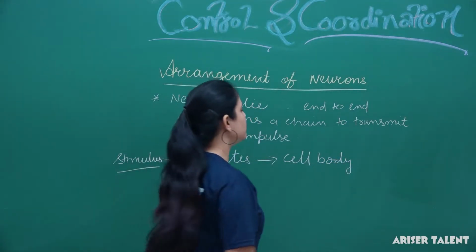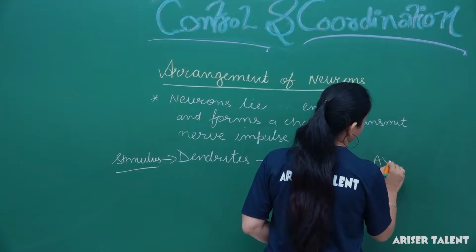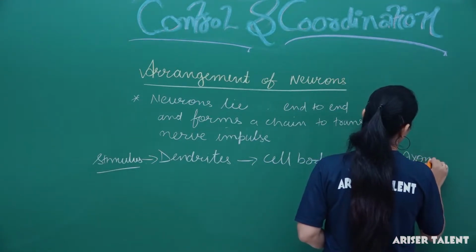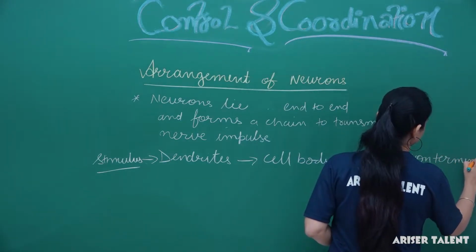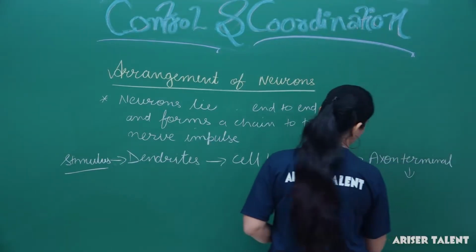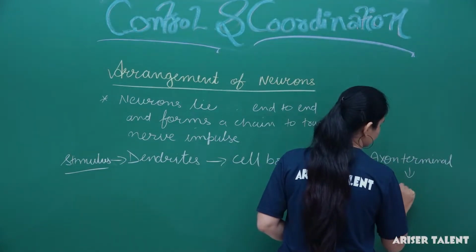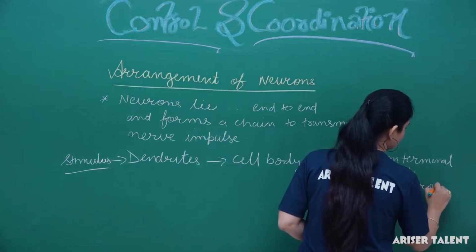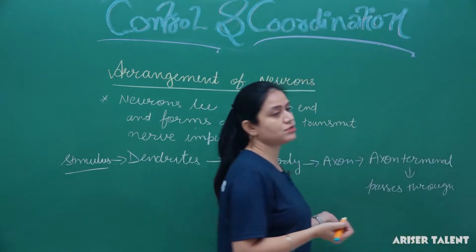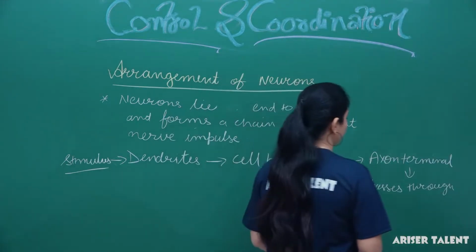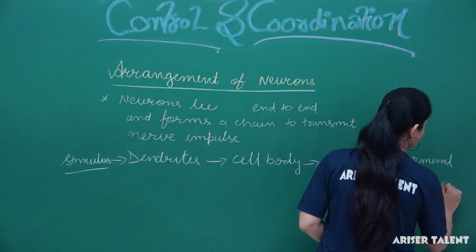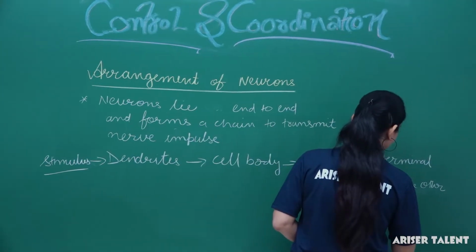Then from the cell body it is passed to the axon, from the axon to the axon terminal, and from the axon terminal it passes through nerve impulse to the other nerve.